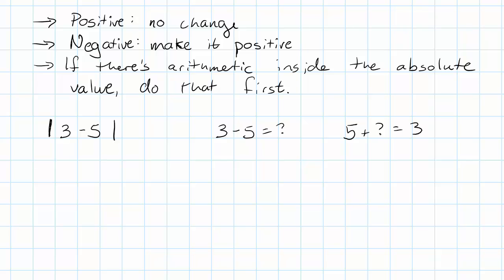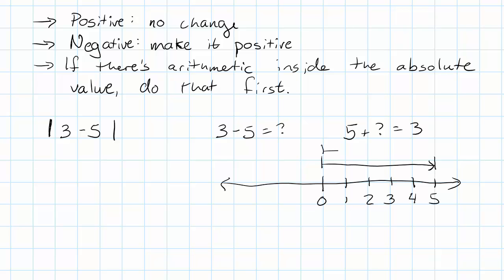Looking at a number line, we draw our 5, we draw our 3, and we say, well, what do we have to add on to 5 to get back to 3? Pick that red vector up, move it so that it starts at 0.